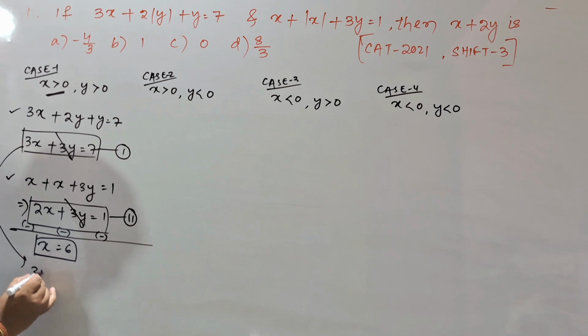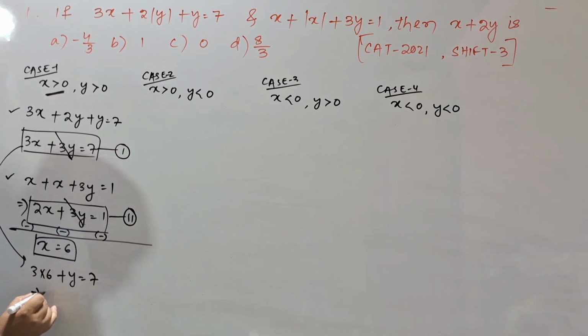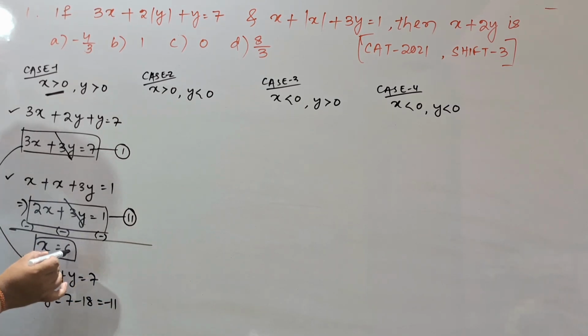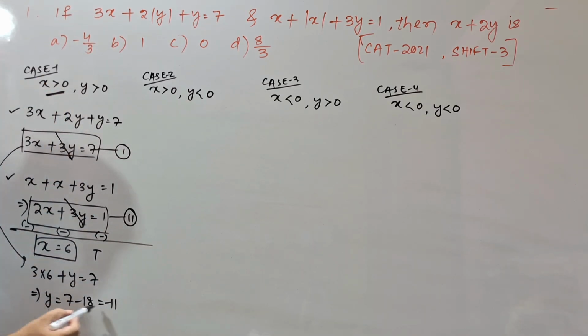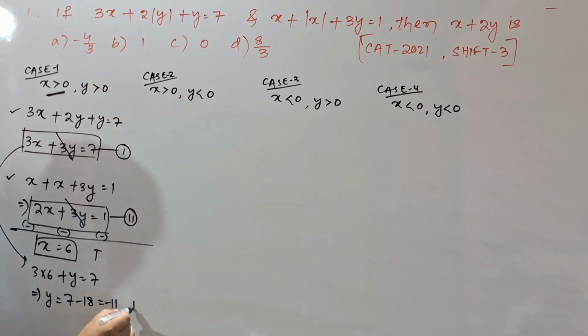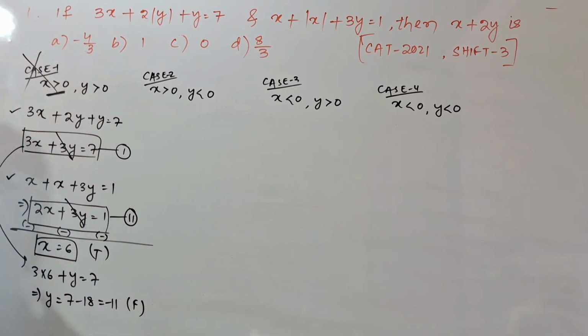Now this is 3 into 6 plus y is equal to 7, so y value is negative. This is 7 minus 18, so this is minus 11. x is 6, true, because here x greater than 0. But here y is minus 11, but I considered y greater than 0. So this is false. So this case will not give me the answer.